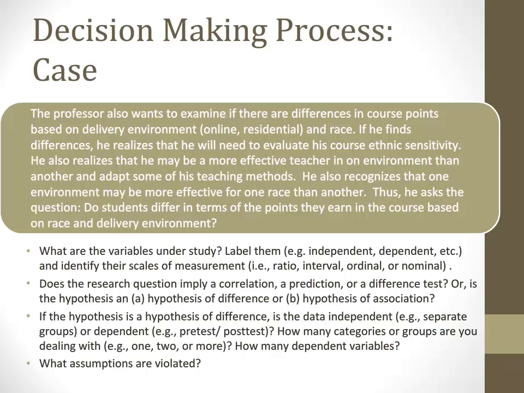Next, we're going to look at the dependent variable. We have one dependent variable. So we're going to look next down that row: what analysis can analyze two independent variables and one dependent variable? And remember that dependent variable is measured at the ratio level. And we know both of our groups are independent of one another.